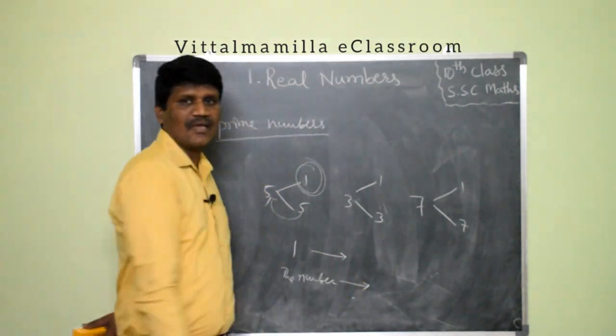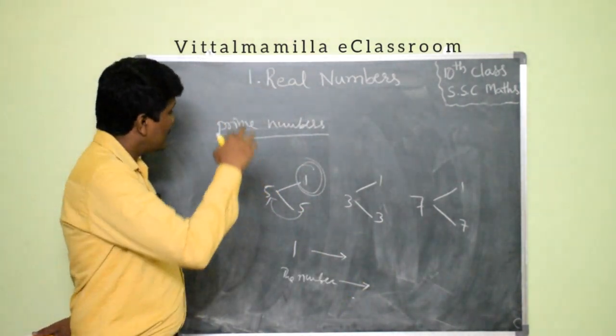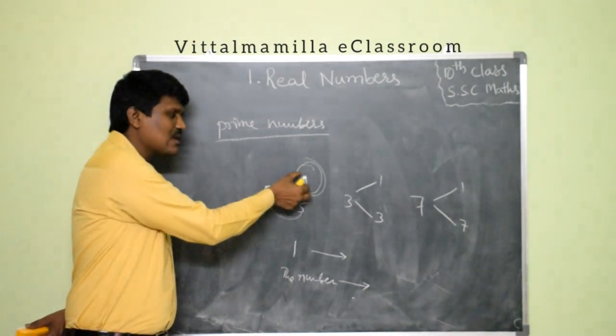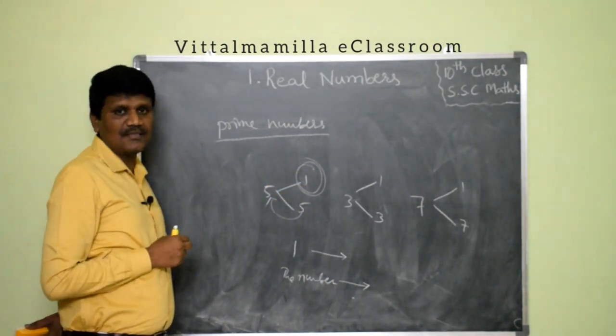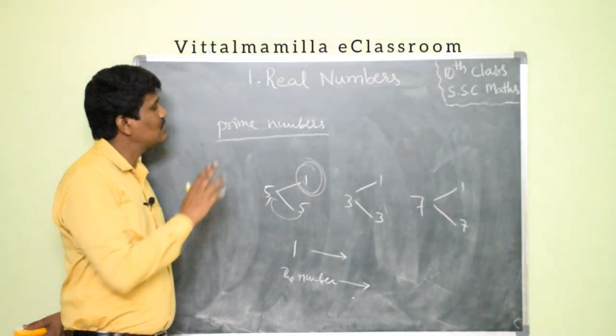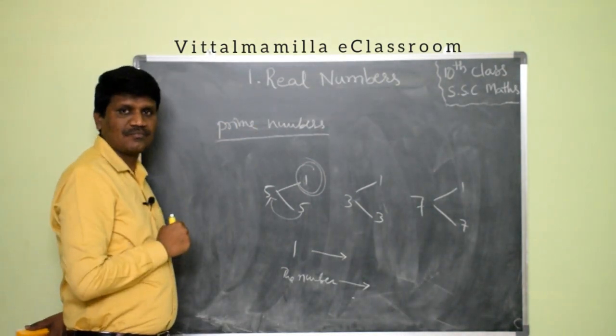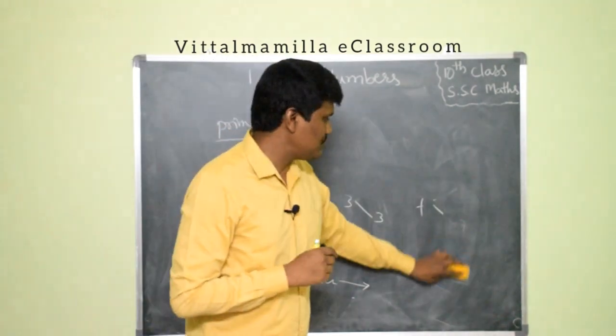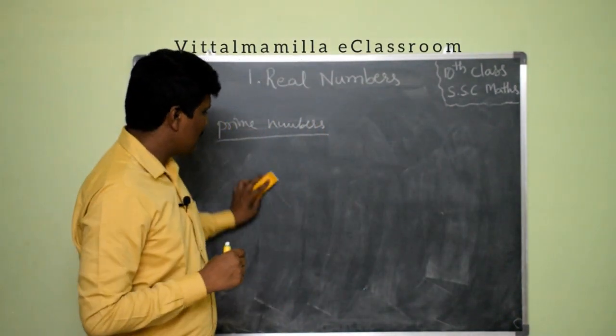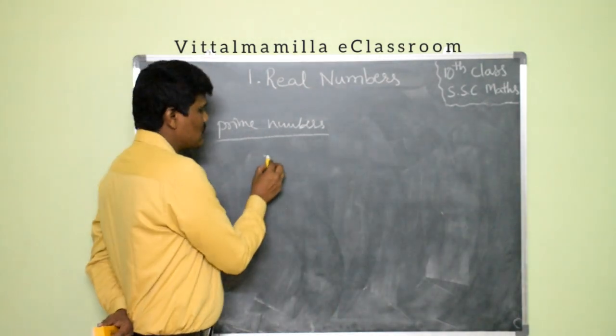So any number having only 1 and the number itself as factors is called a prime number. And prime numbers start from 2.